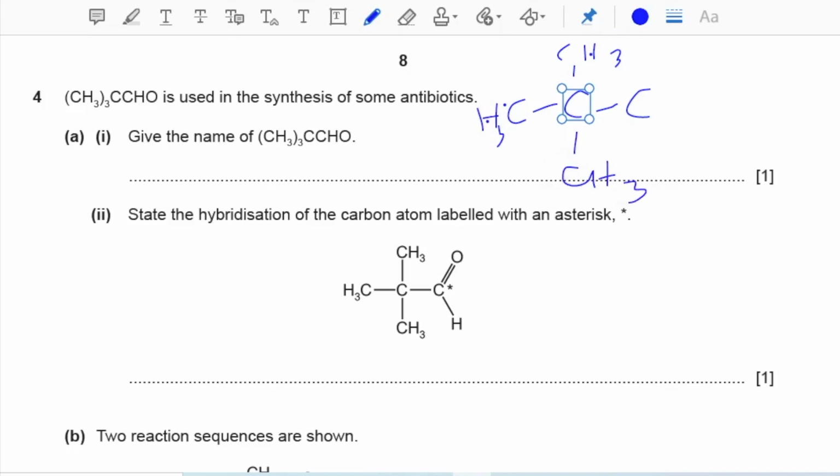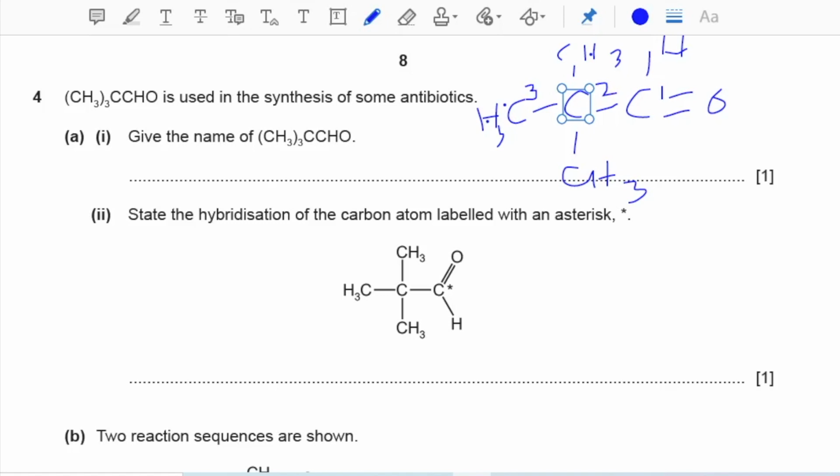This carbon atom over here has an aldehyde functional group. So I will start labeling my longest chain from the side, which gives the least number to the carbon atom of my functional group, which is CHO aldehyde group in this question. So I'll start labeling it this way: 1, 2, and 3.